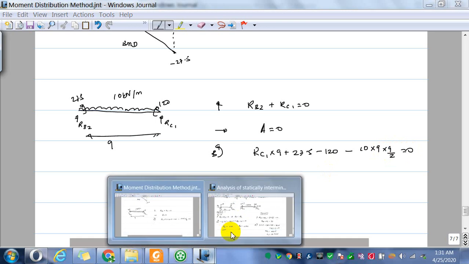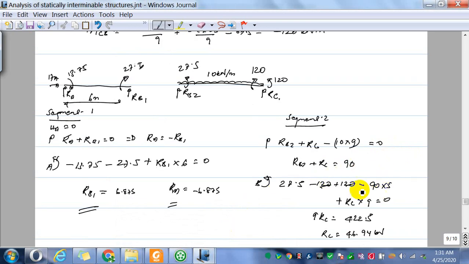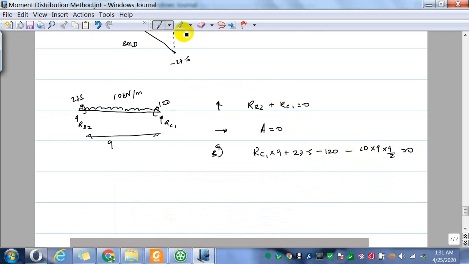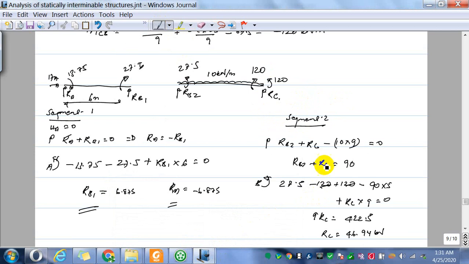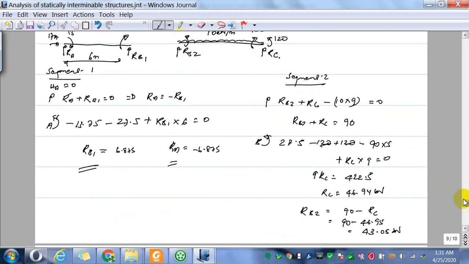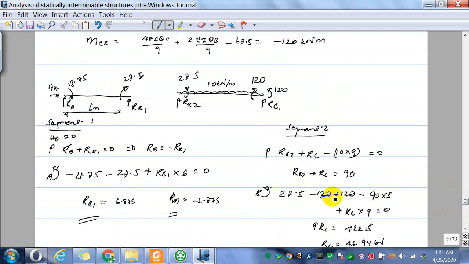So let me check. Oh, I made a mistake here. RB2 plus RC1, then you have to consider the load, minus 90 is 0. So RB2 plus RC1 is 90. Then you have the moment 27.5, 120.